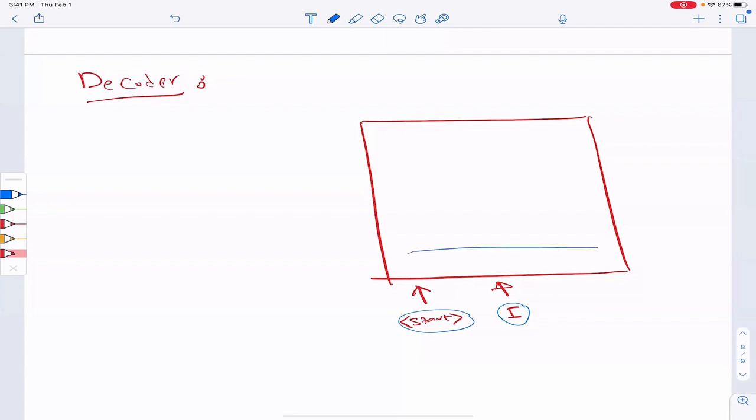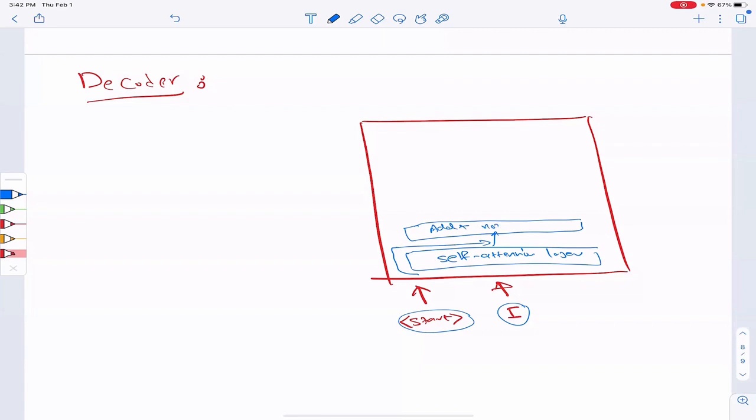And then apply a self-attention layer. Apply a residual connection like the one that we just discussed.